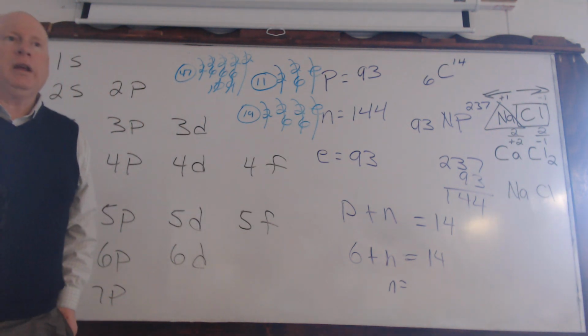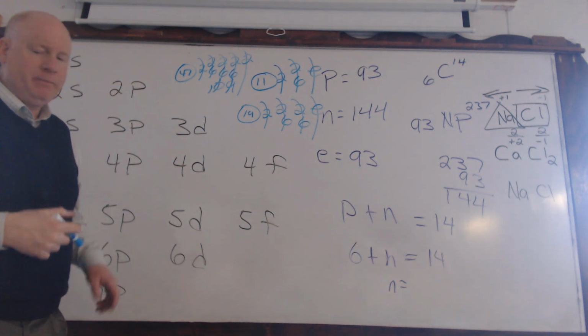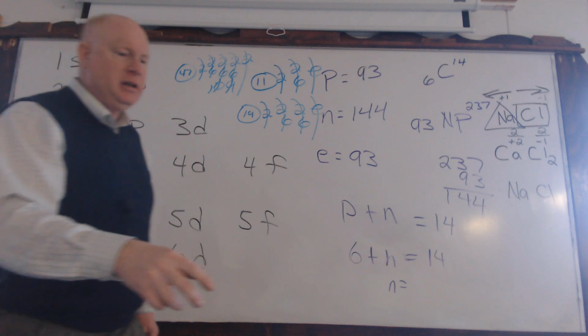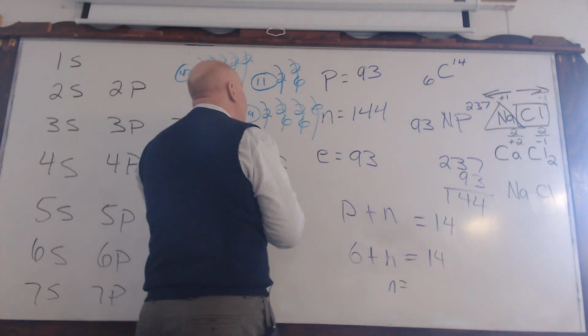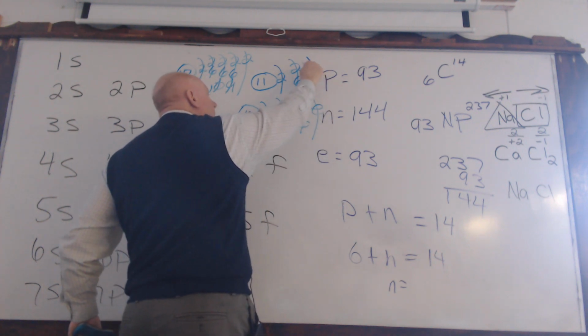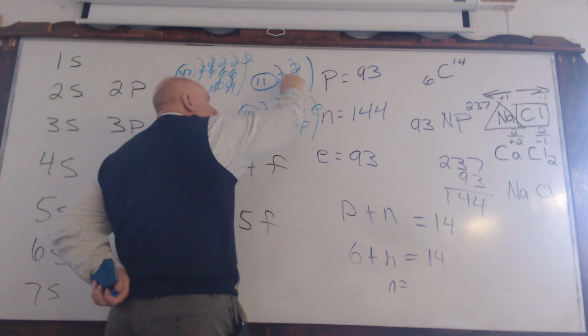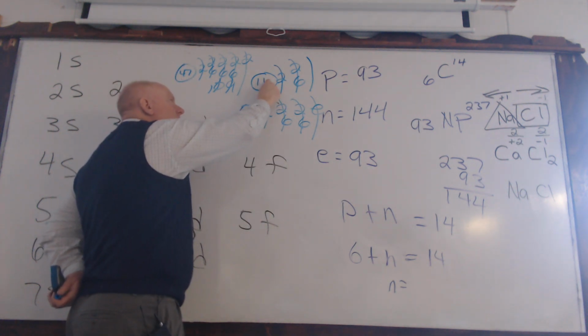Okay? So when we asked, where do we get these charges from? What we see happening here is if this gets donated, which it does, now this is empty. How many numbers do we see here? 10. How many numbers do we see here? 11.